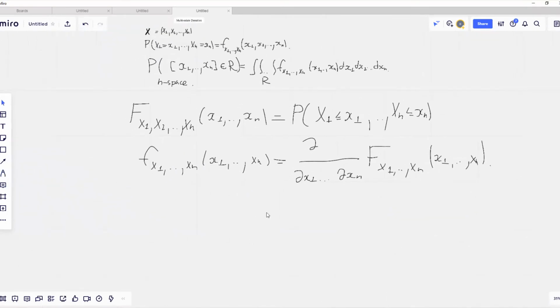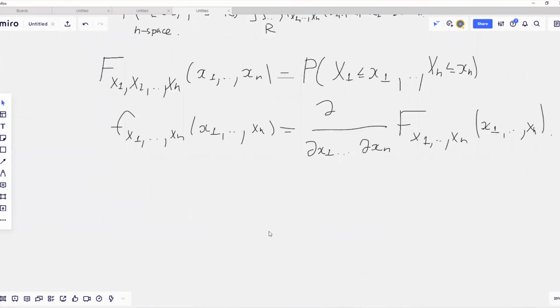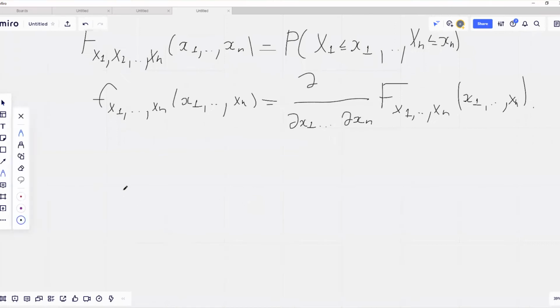And finally, marginal PDFs in the multivariate case are defined as follows. So for instance, let's consider the case when we are working with continuous random variables. In that case, we'll be working with integrals, and similarly in a case when we have n discrete random variables, we'll be working with sums. So let's show that for continuous and for discrete random variables, it's similar.